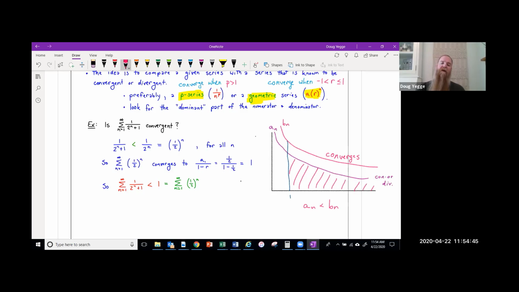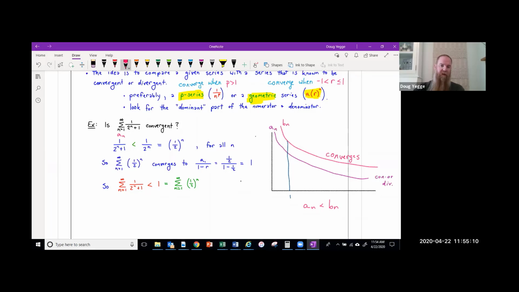Meaning if the area underneath B sub n goes to a fixed number, and A sub n is underneath that value, then I know that that's automatically going to have to converge to some number as well. So that's one situation with the direct comparison test. And so the comparison test is to pick some sequence that we're going to call A sub n.